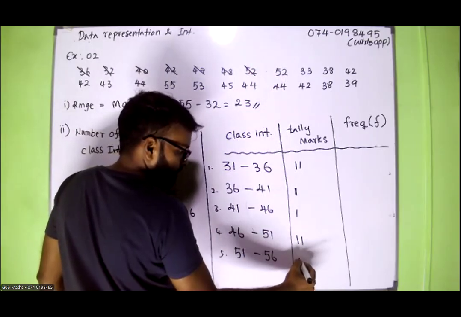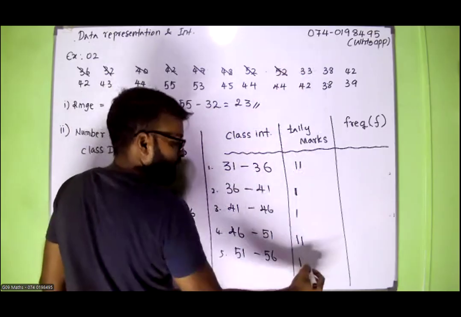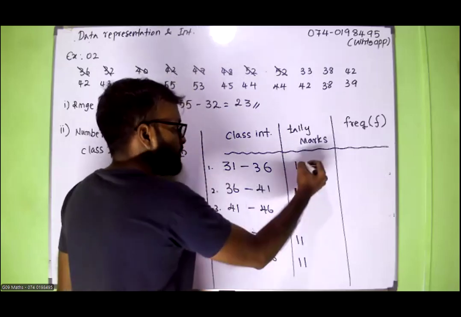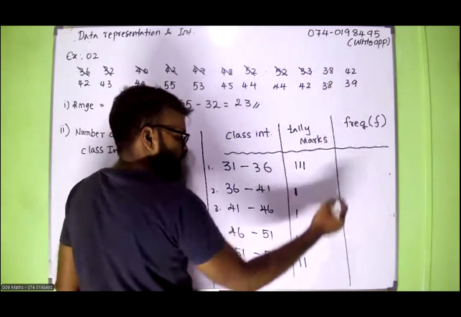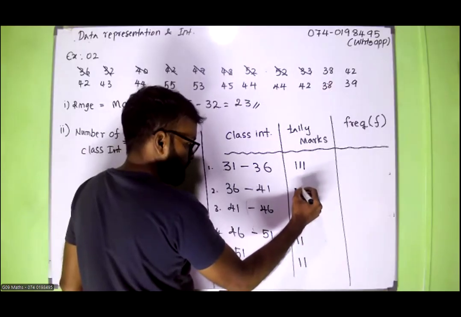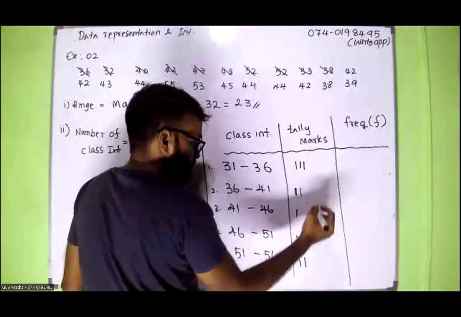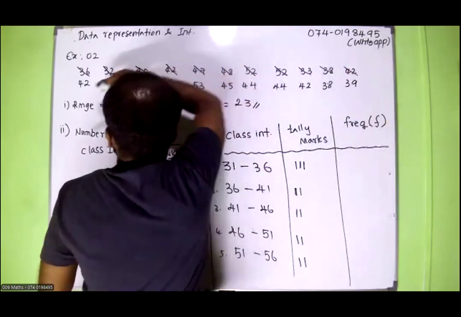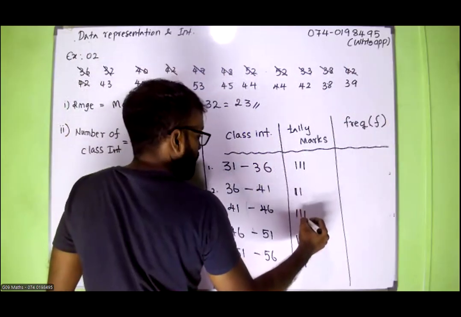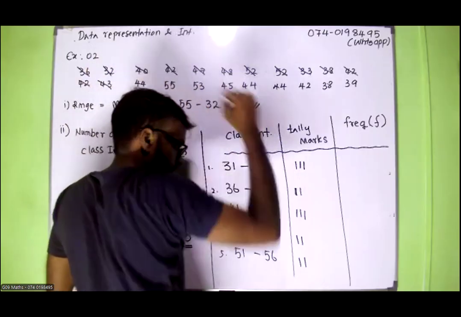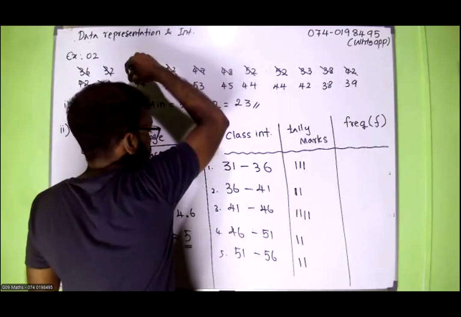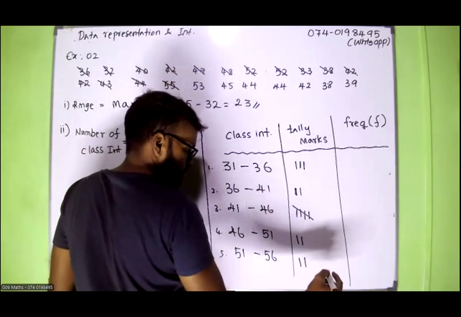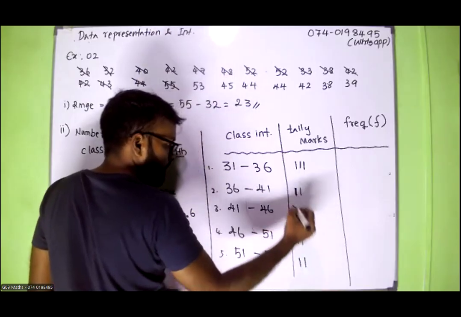Fifth one, 52. First one, fifth one, 38. Second one, 42. Third one, 42, 43, 44. 55.